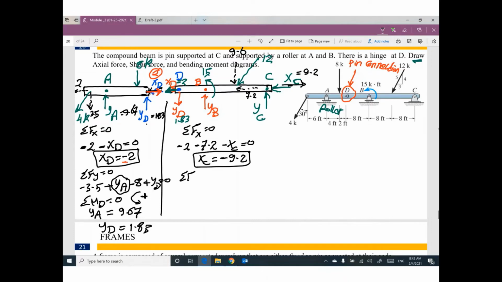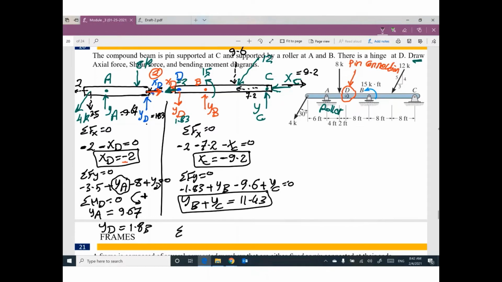Summation Fy equals 0. What do you have in y? We have negative 1.83, we have positive YB, we have negative 9.6, we have positive YC. So YB plus YC equals 11.43.